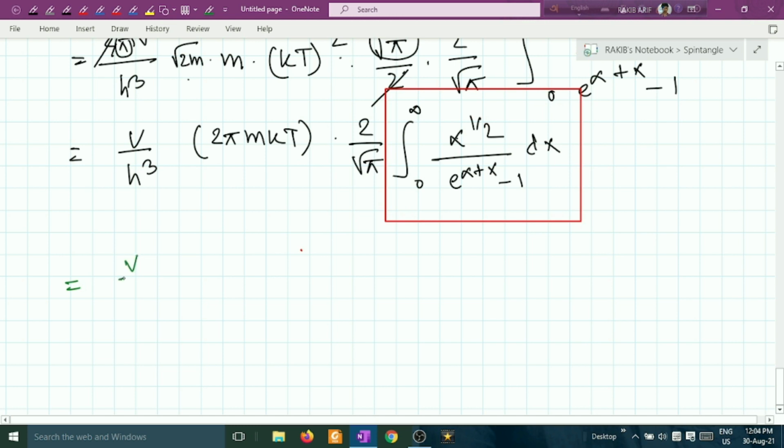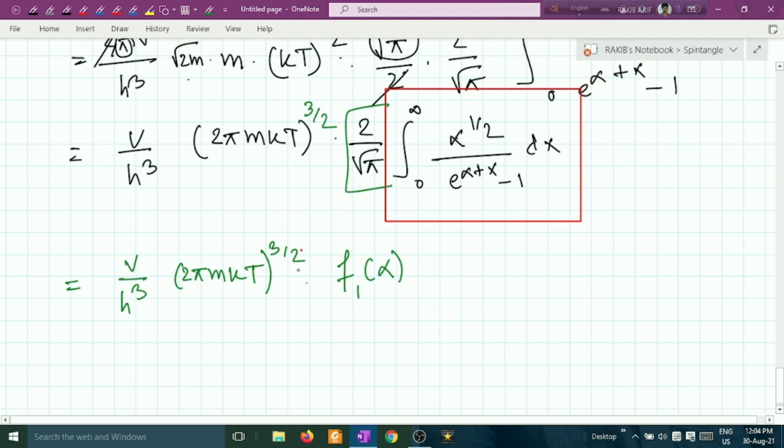This becomes v upon h cube 2 pi mkt to the power 3 by 2. With this thing also, I am taking this thing as, say, f of alpha. This is a function of alpha. I am writing f1 of alpha.